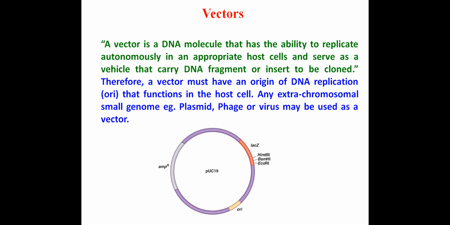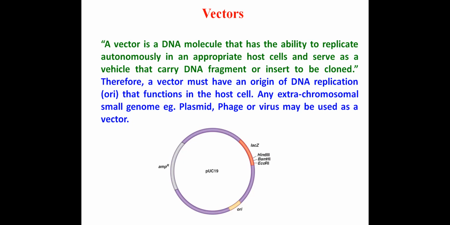So the vector is a DNA molecule which has the ability to self-replicate, or replicate autonomously, in a suitable host, and it serves as a vehicle that carries your gene of interest or a DNA fragment that needs to be cloned. Therefore, the vector must have some features which enable this engineered DNA molecule to perform the desired function.